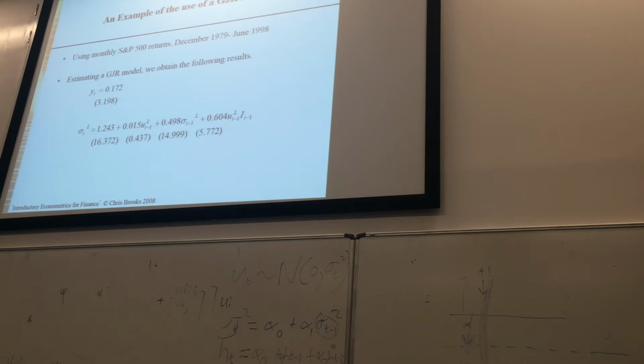Okay, so under here we've got the test statistics for each of these parameters. What you find is that the parameter on the ARCH term has a small test statistic, so it's not actually significant.